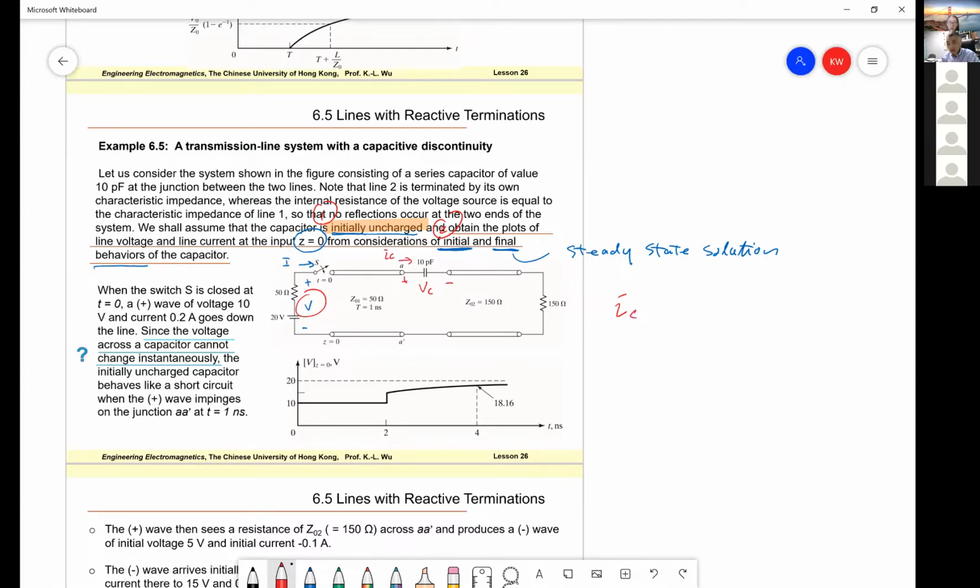The current going through the capacitance is proportional to the derivative of the voltage across the capacitance with respect to time, and the proportionality constant we call capacitance.